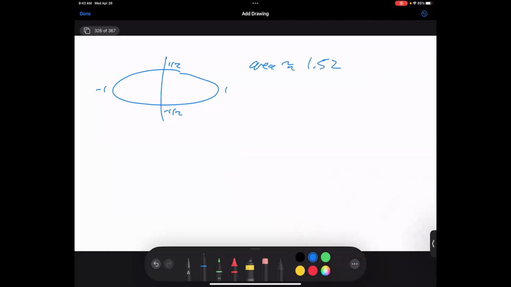Anybody have any guess as to what 1.52 might be? It's close to half of pi. So an ellipse is x over a squared plus y over b squared equals 1. Now a circle, you can write as x over r squared plus y over r squared equals 1.